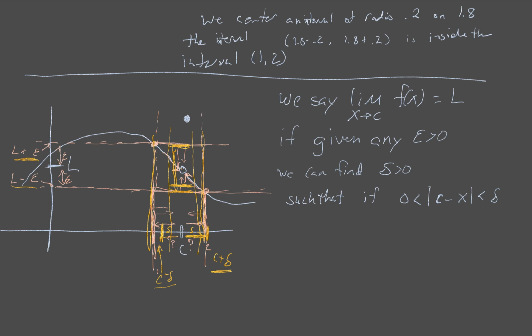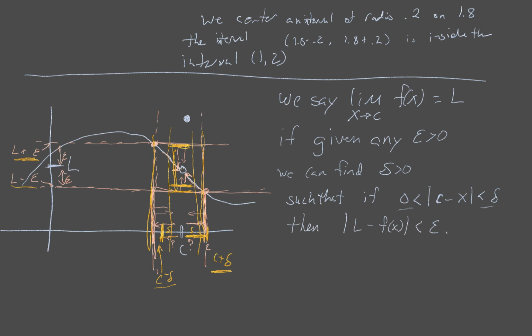With these limits, we don't want to look at the point, so this 0 says don't look at the point, and this says we can get close enough such that if that happens, then the distance between L and f of x is less than epsilon.